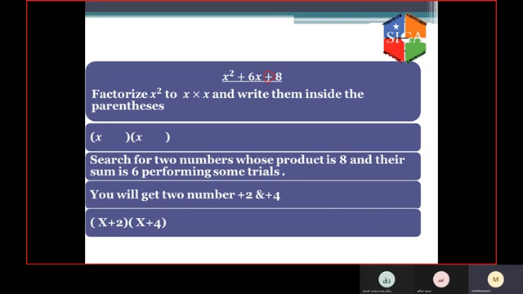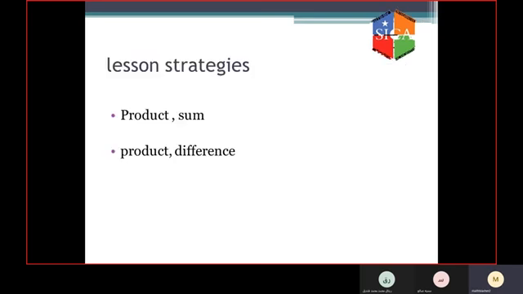Another example. Our strategies in this lesson are product sum or product difference. We use product sum if the sign of the last term is positive. If the sign of the last term is negative, then we use the strategy product difference. So in the last example, we used product sum.